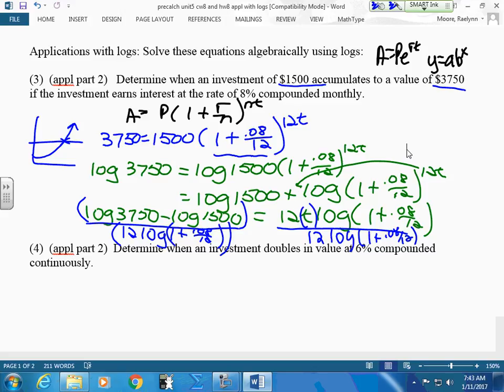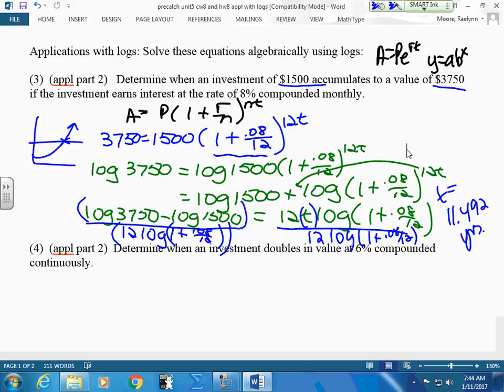So anybody come up with an answer? Okay, so this is the time in years. If you look back to your exponential equations where we graph these two things, you would get the same answer, right?